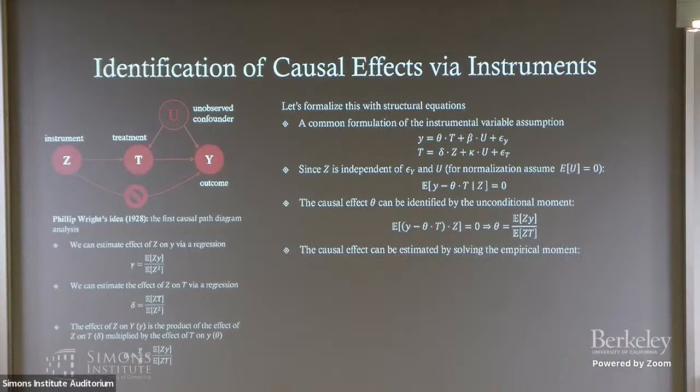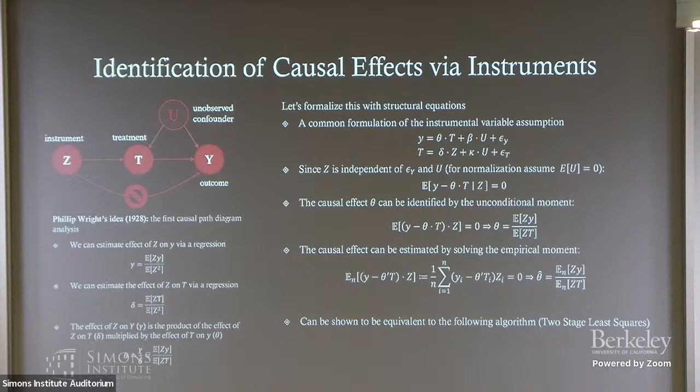And then you can also go to estimation. Instead of solving this expectation, you're going to solve the empirical counterpart of that expectation, and that's going to lead you to this estimate, which is equivalent to what is known in empirical work as the two-stage least squares estimate.